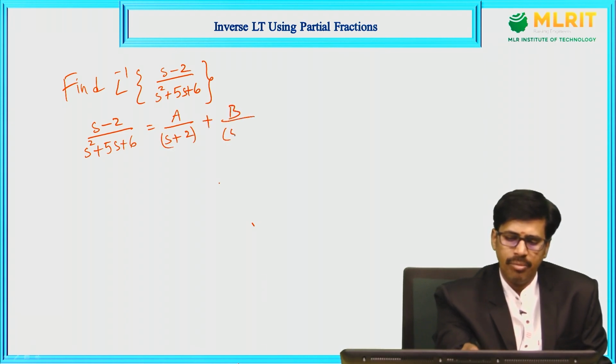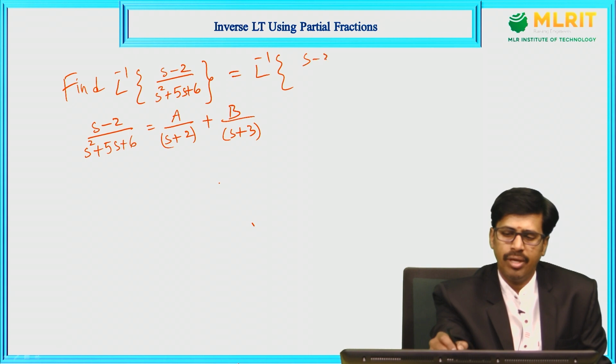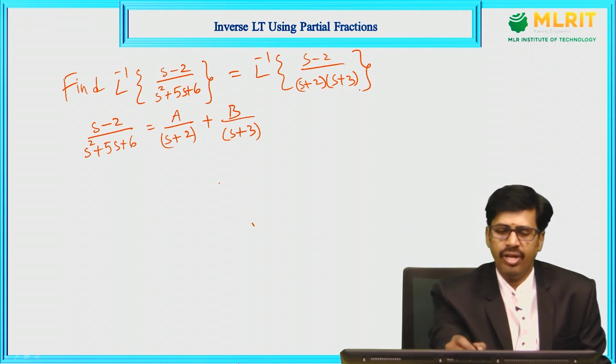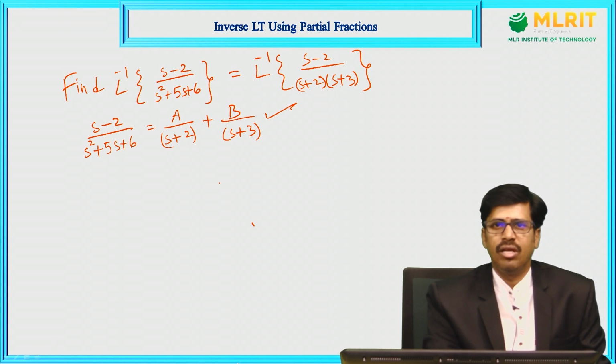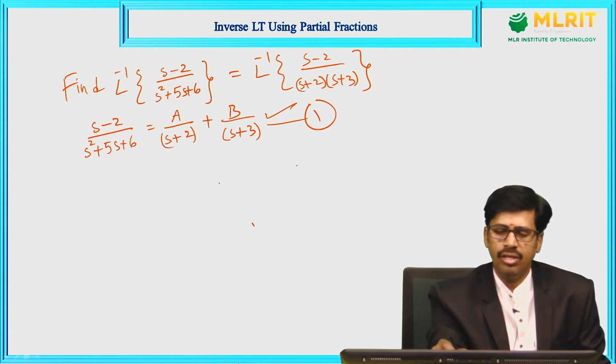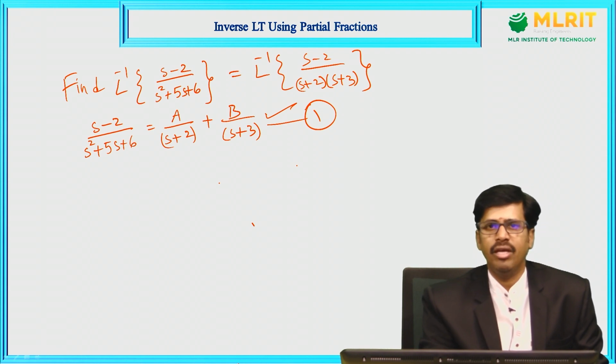So, this can be written as a by s plus 2 plus b by s plus 3. This also can be written as s minus 2 by s plus 2 into s plus 3. Since this can be written into linear factors, we write using partial fractions. Now, let us find the values of a and b, substitute in this equation and apply inverse Laplace transform.